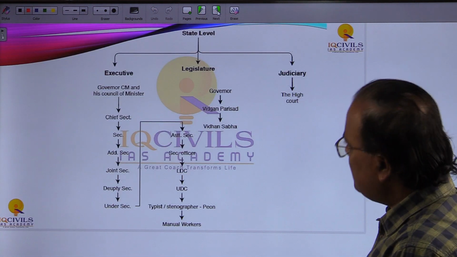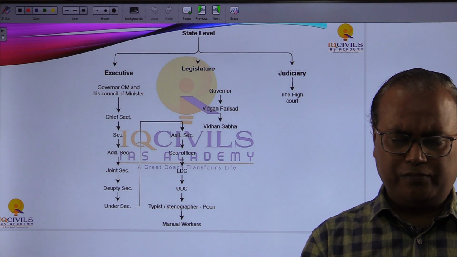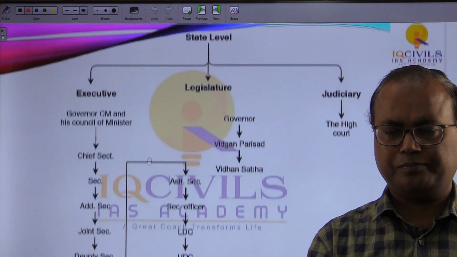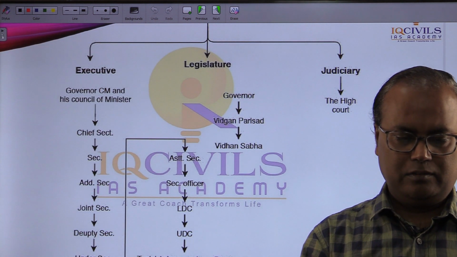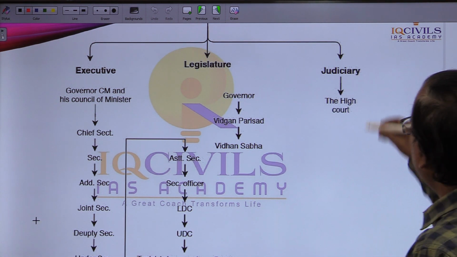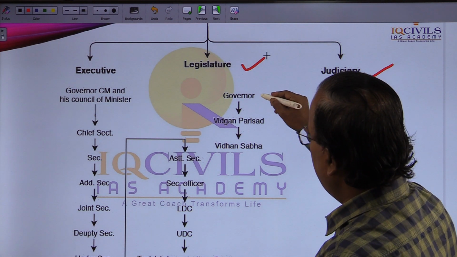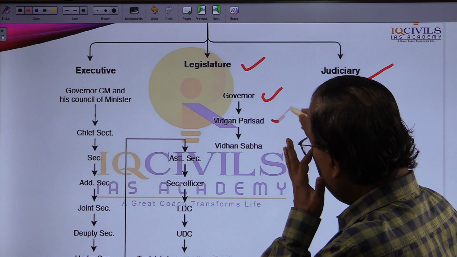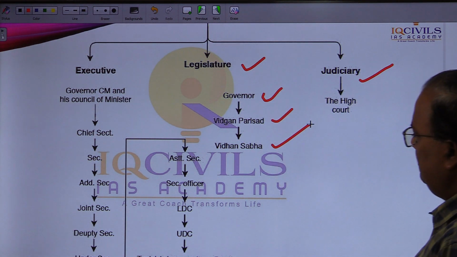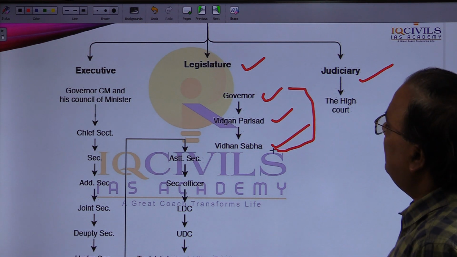But at the state level, again we have almost a similar kind of structure. Let's see here. In the judiciary we have the High Court; in the legislature we have the Governor, Vidhan Parishad, that is the Legislative Council, Upper House, and Vidhan Sabha, that is the Legislative Assembly, Lower House. So these three constitute the legislature.